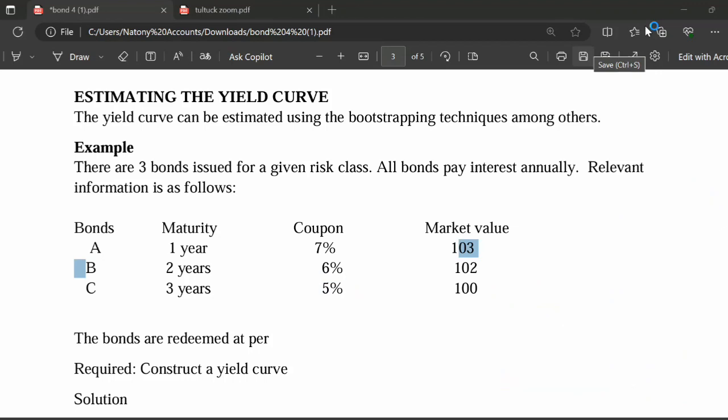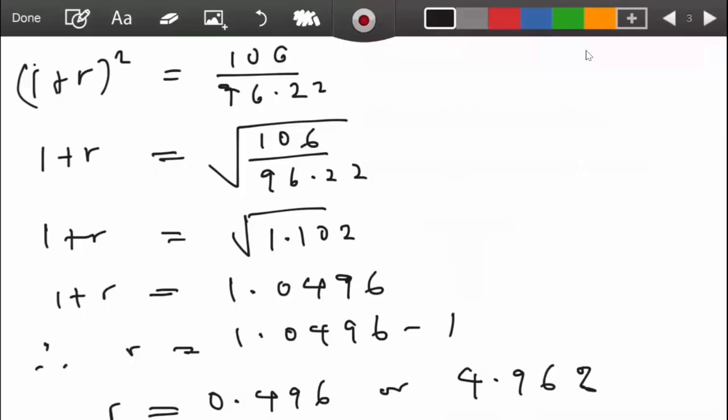Let's go back to the notes. So from the notes, 4.96% is the spot yield for year 2.